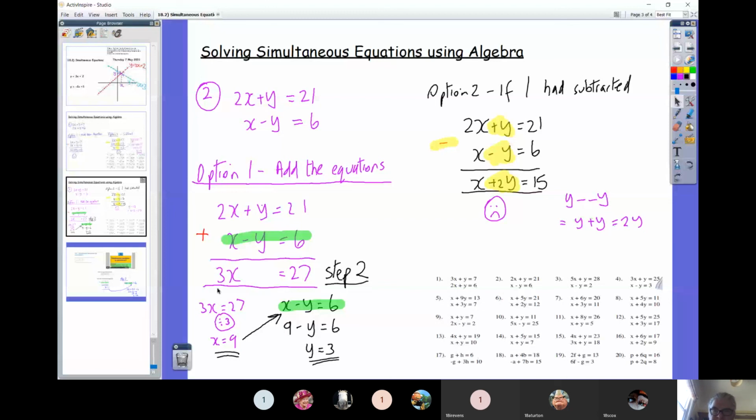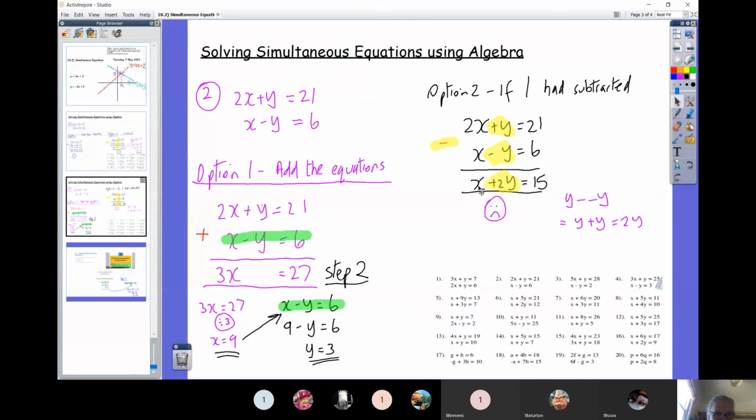Now, I don't want to focus too much on this option number 2, but if we had made the wrong decision to subtract the equations, the y's would not have disappeared, because y take away negative y, and taking away a negative is the same as a positive, so we would have got y plus y equaling 2y, so the y's wouldn't have disappeared. So if we'd made the incorrect decision for this question to take away, it would not have achieved our desired result of getting rid of either x or y.